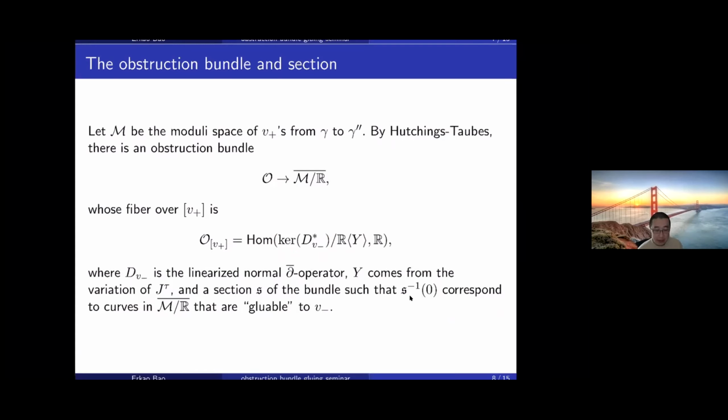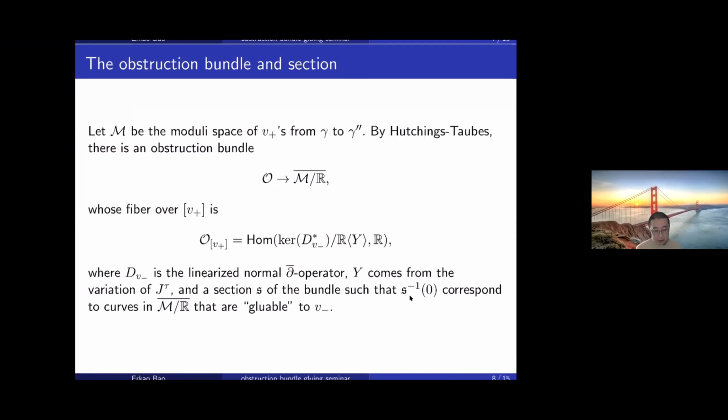So this y comes from the variation of the almost complex structure. Roughly, if you write down the d-bar equation, you can see there's a term that differentiates the complex structure in the tau direction.